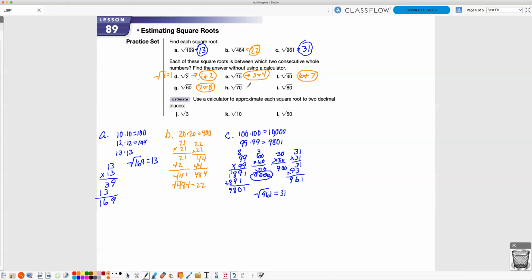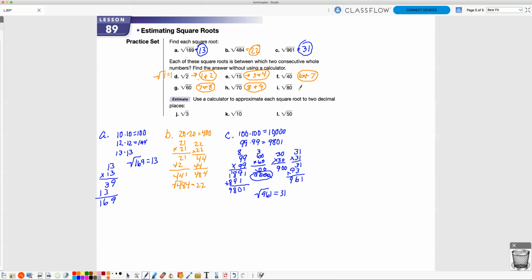And the square root of 70. We're looking for something close to, if you took 8 times 8, that's 64. 9 times 9 is 81. So because 8 times 8 is 64 and 9 times 9 is 81, it's 8 and 9 for the consecutive whole numbers.